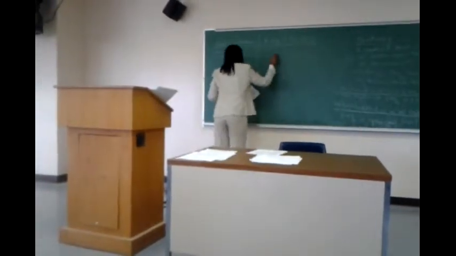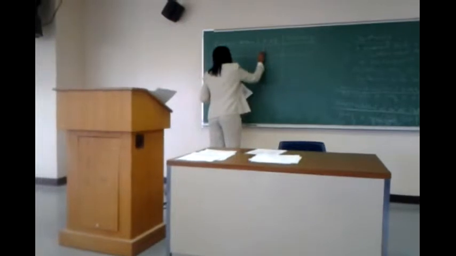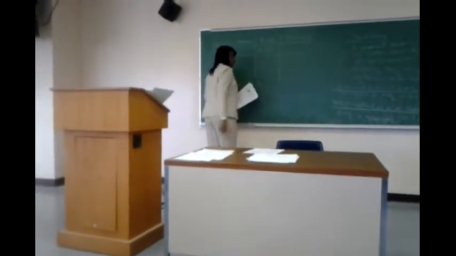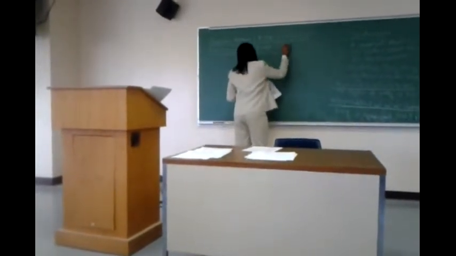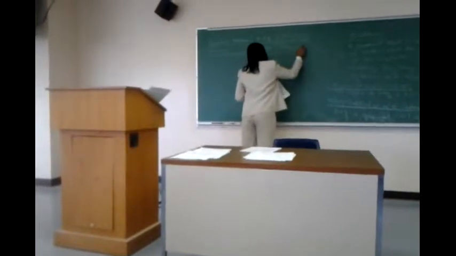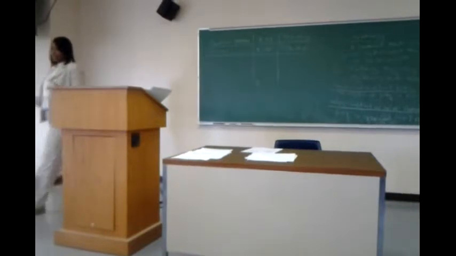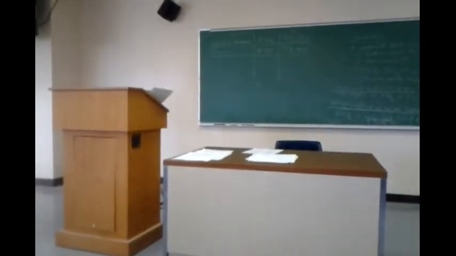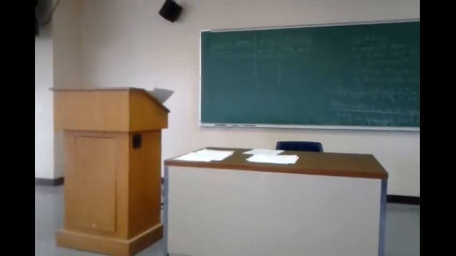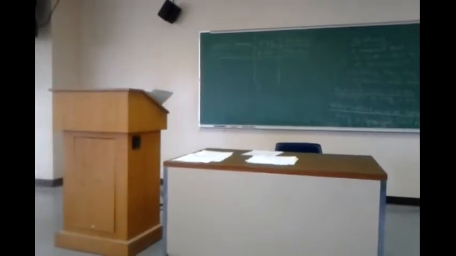Your converse is switching these. It's if Q, then P. That's the converse. So you have a conditional statement that says if P, then Q. Then you can have the converse of that statement, which says if Q, then P. That's the converse.